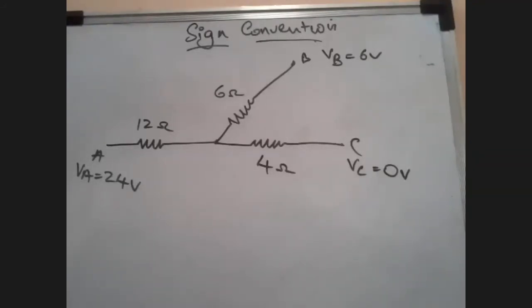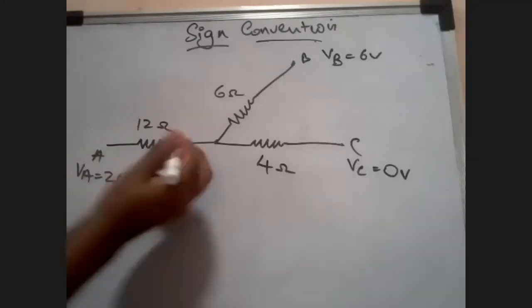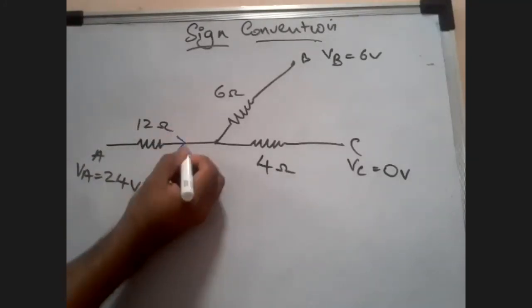Should I make two different equations for two different currents? Yes. Look here, everyone. I am telling you to find out the potential difference between A and B. Let's think like this: there is a current I flowing here.